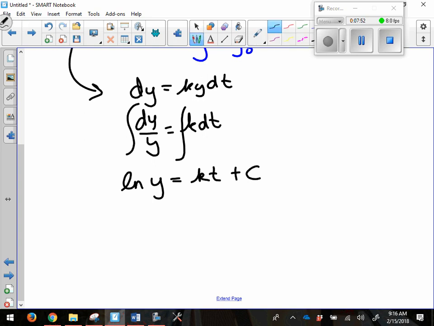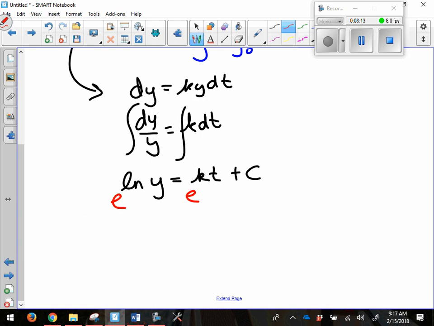But I don't like to have, I like to have my y. I like to be able to say y equals. So what do I have to do to both sides here to make that happen? E to the power. E and natural log do what to each other, Zoe? They cancel. They're inverse operators.